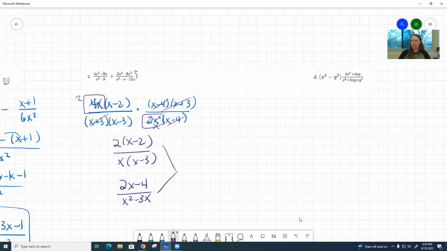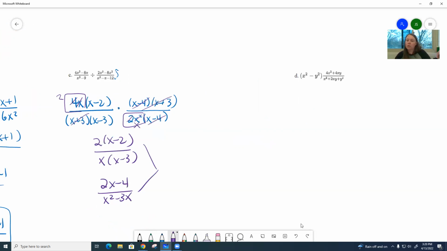One more. Okay, we're multiplying. So I'm going to think of this as over 1. This is difference of squares, so x plus y times x minus y. And I'm just going to keep it over 1 and keep everything lined up. Up here, I could pull out a 4 and an x from everything, so I'd be left with x plus y.